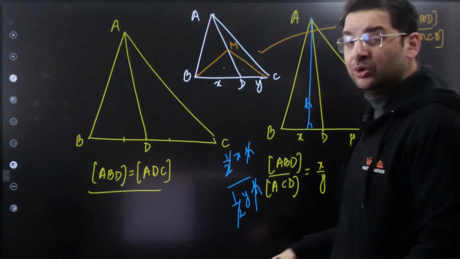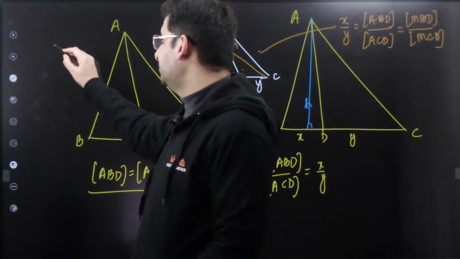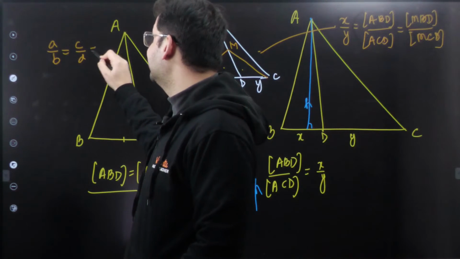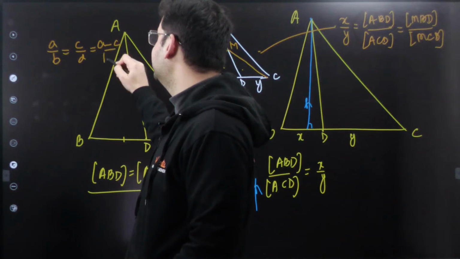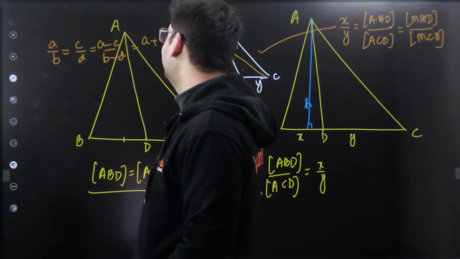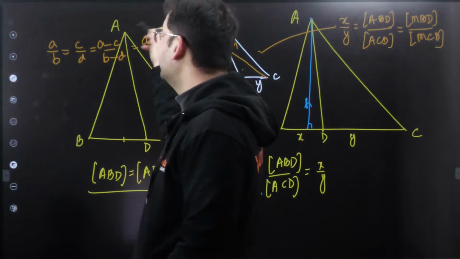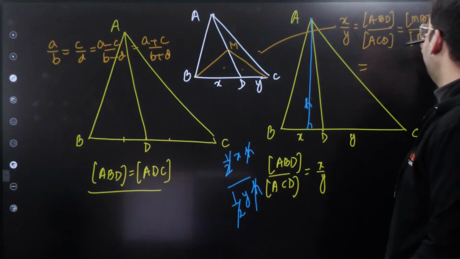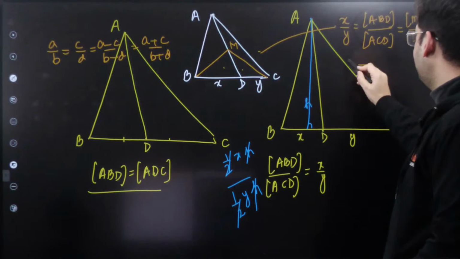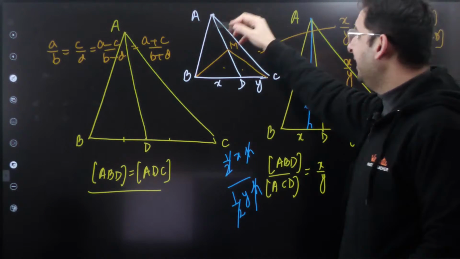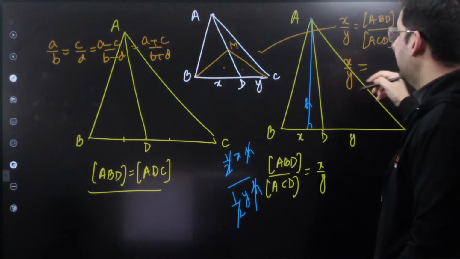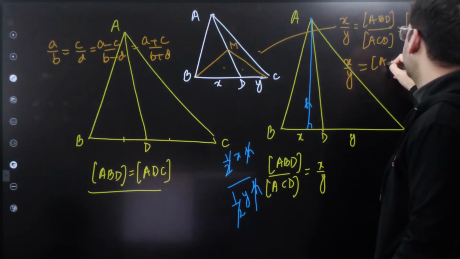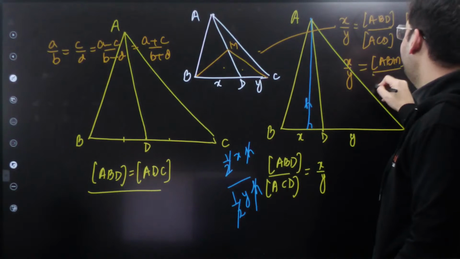And guys, there is a very good property of ratios, which we cover in class. If A by B equals C by D, this ratio is also equal to A minus C upon B minus D. And this ratio is also A plus C upon B plus D. In fact, you can add any linear combination. So here, if we subtract ABD and MBD, this ratio X upon Y is also equal to area of ABD minus MBD, which is area of ABM, upon area of ACM.